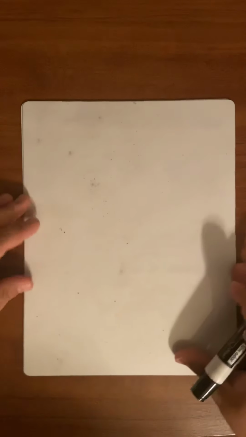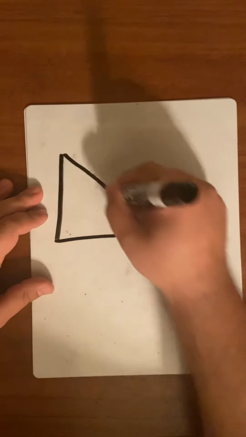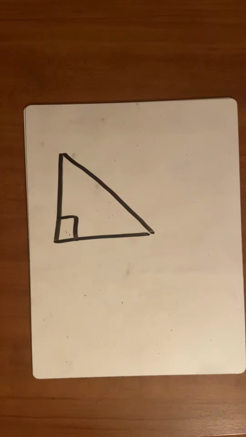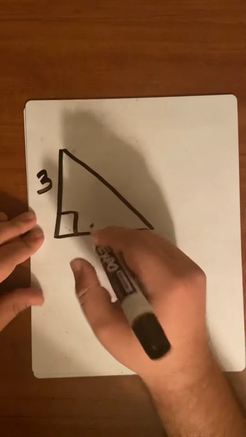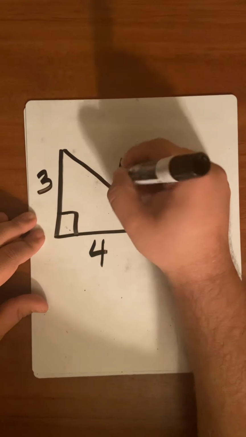So first example, we're going to do basic Pythagorean theorem. I've got a right triangle. My basic example, I'm just going to put 3, 4, and x.